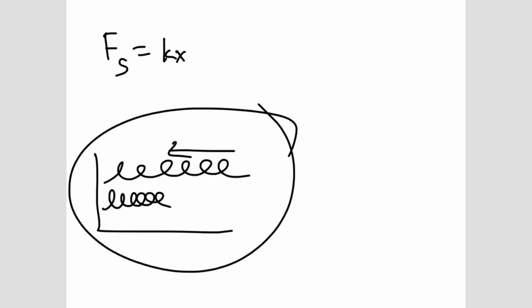The last major force is going to be force of friction. Force of friction is almost always represented with F sub F. Force of friction, as you might guess, comes from the presence of friction. If friction is present, force of friction is probably going to be present as well. There are definitely problems where it'll say in the directions, assume friction is negligible.